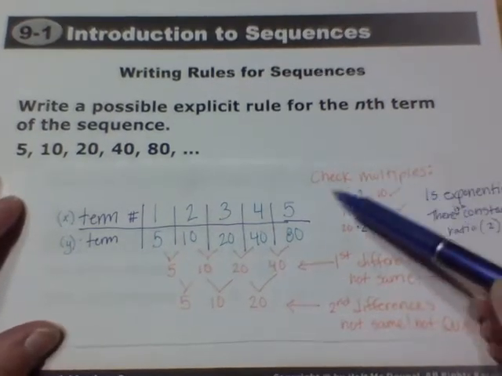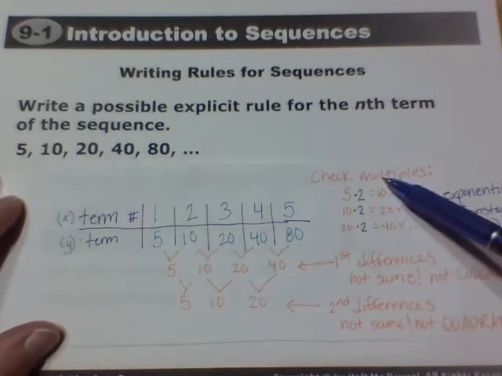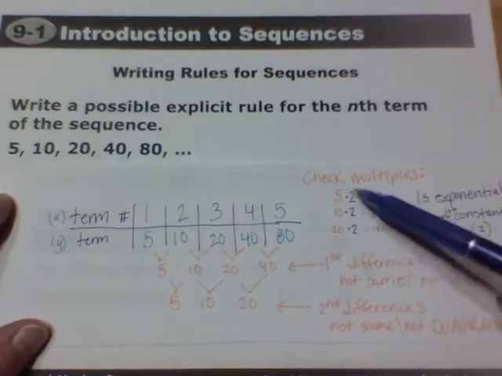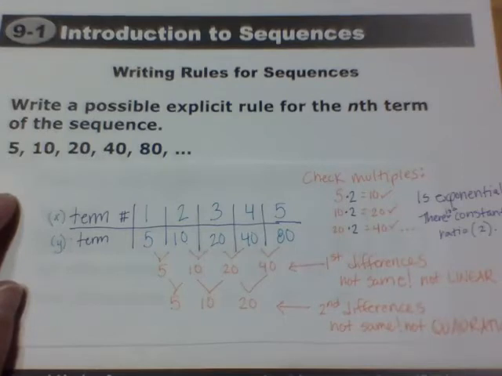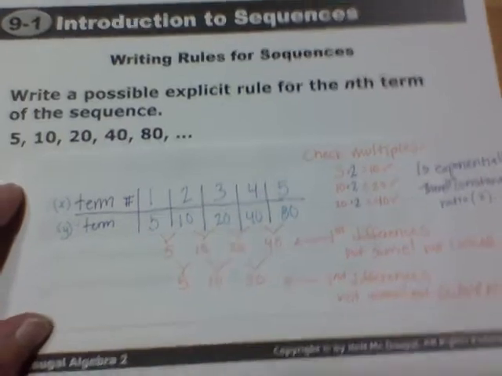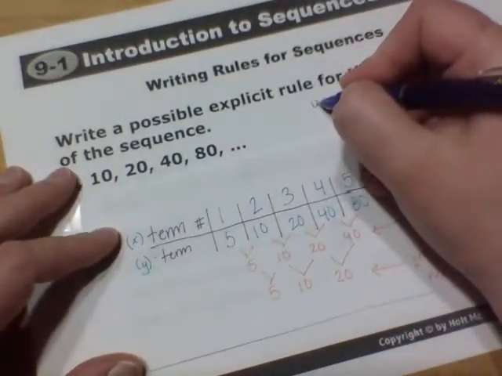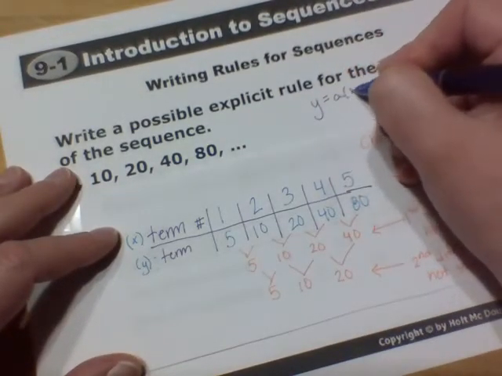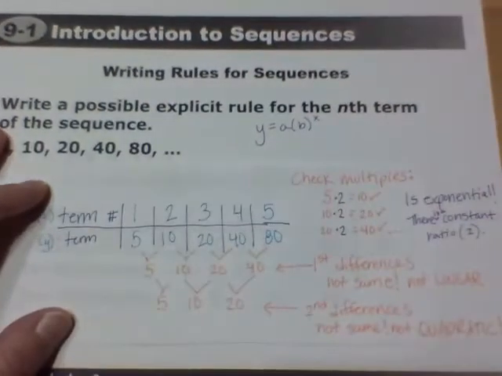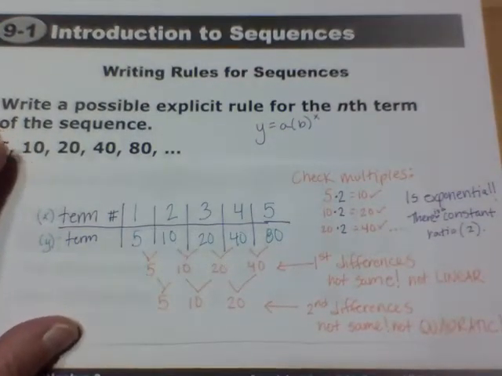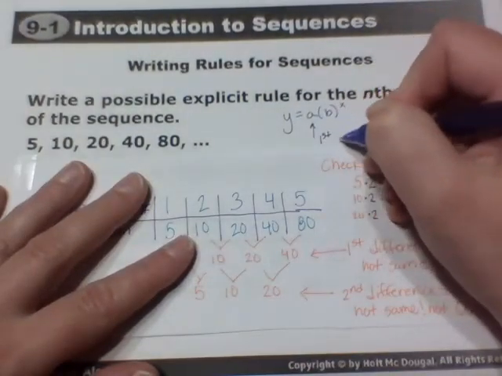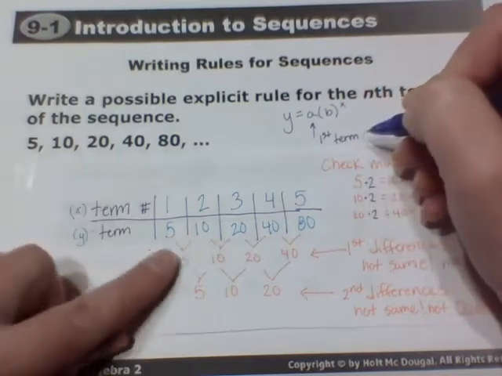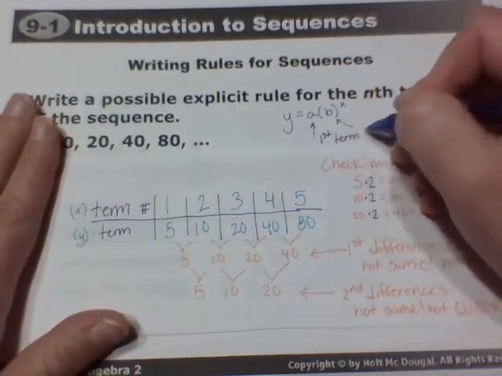So because we know that this is going to be our multiple here of 2, we can then go back to our formula of technically y equals ab to the x. Of course we're not doing ab to the x anymore, but thinking back to that, a was your first term, which lo and behold we have right here, and b was your multiplier.